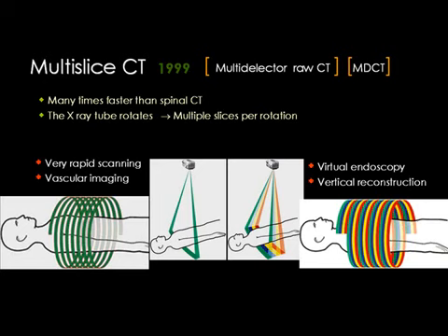Then the most recent machine is 640 detectors in front of the X-ray tube. That is to say, every tube rotation you can have 640 sections in the human body. And by this time you can scan the whole body from head to toe in a second, or even less.